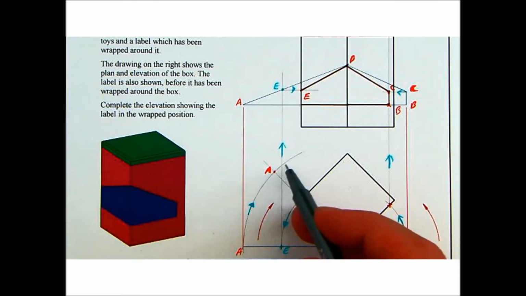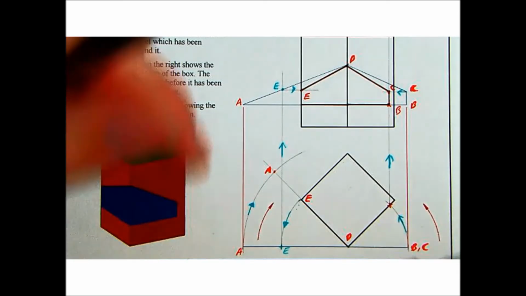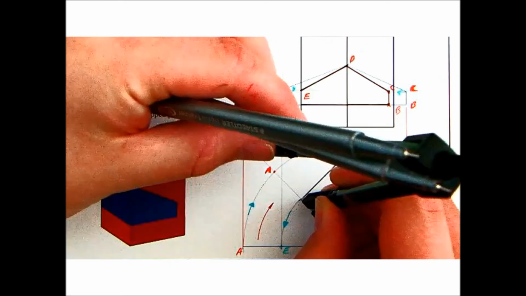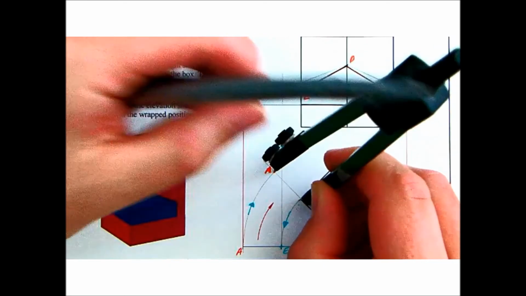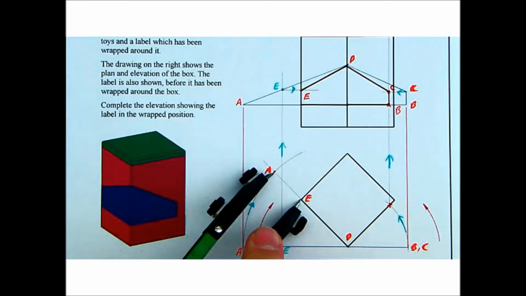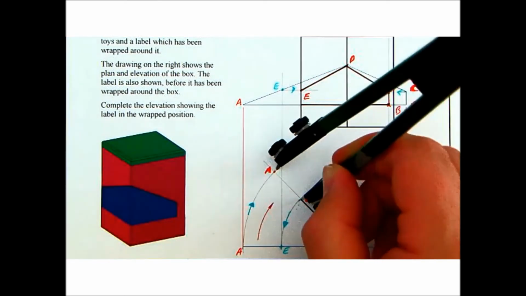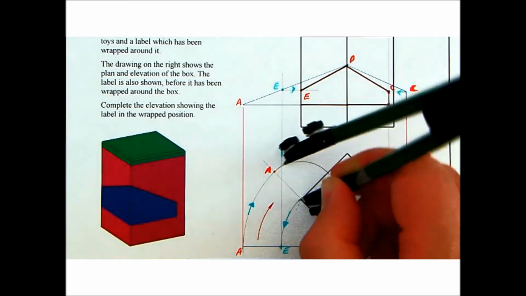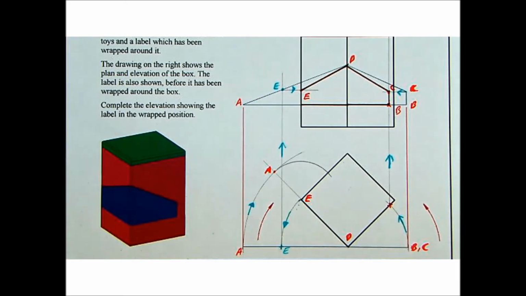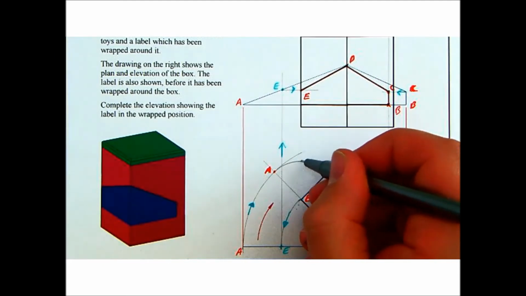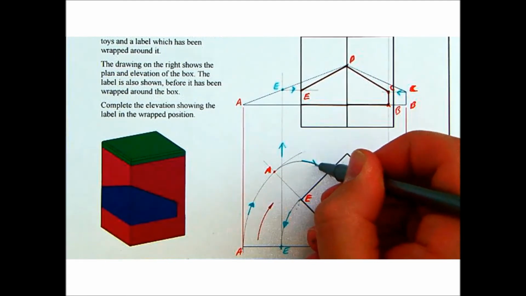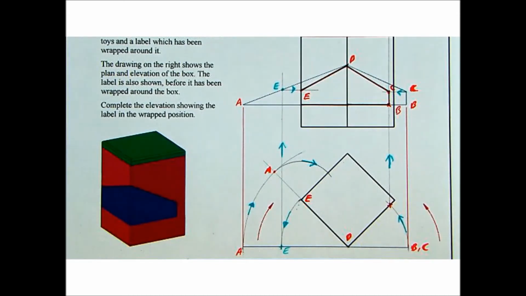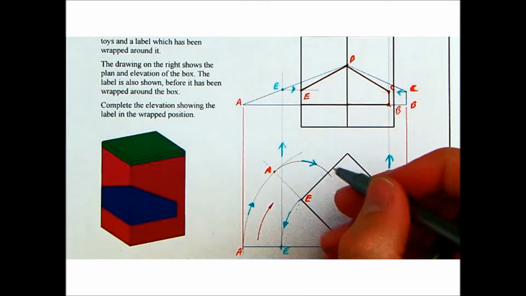We need to rotate A down to the back, and it's going to be in hidden detail because at the back we still need to put it in. So put the pin at E, at that corner of the box, with the lead at A, and swing it down to find where point A would actually end up if you continued wrapping that around. So point A would finish up right here.